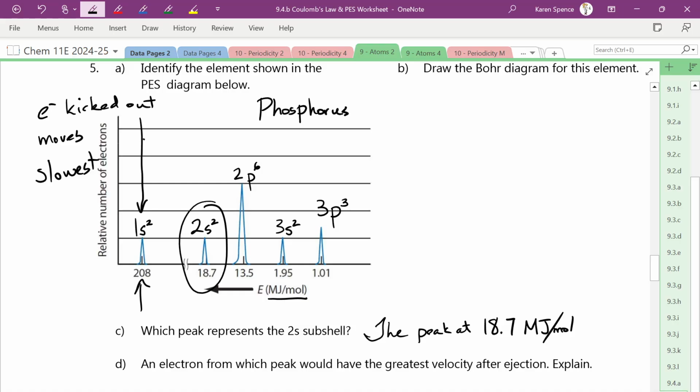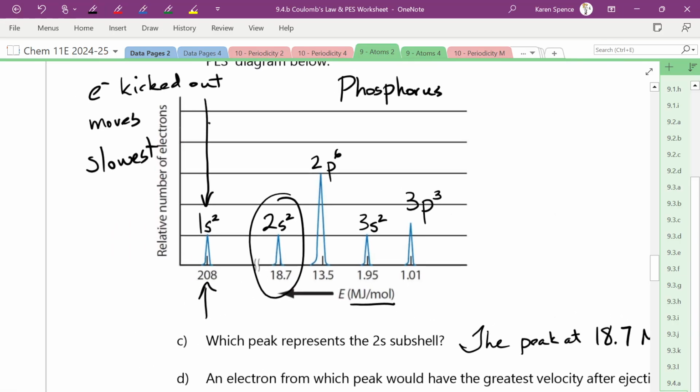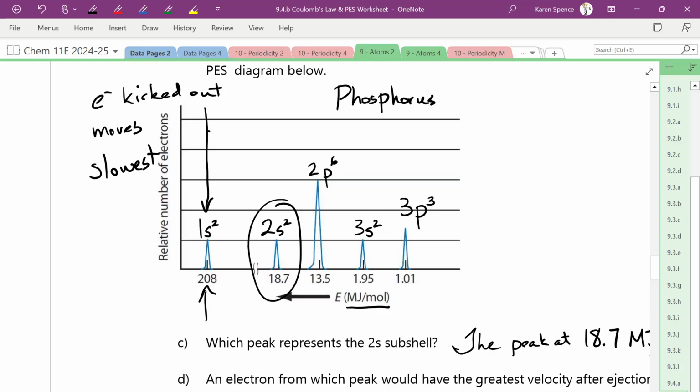The first one. And that's because it requires the most energy to get kicked out. So there's less leftover energy to make it move.